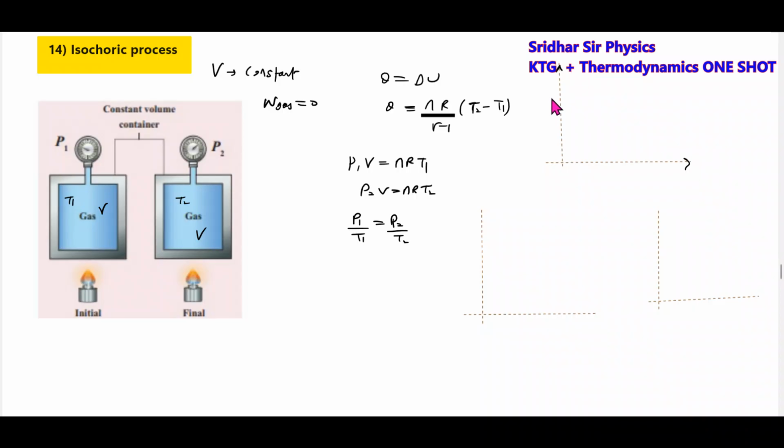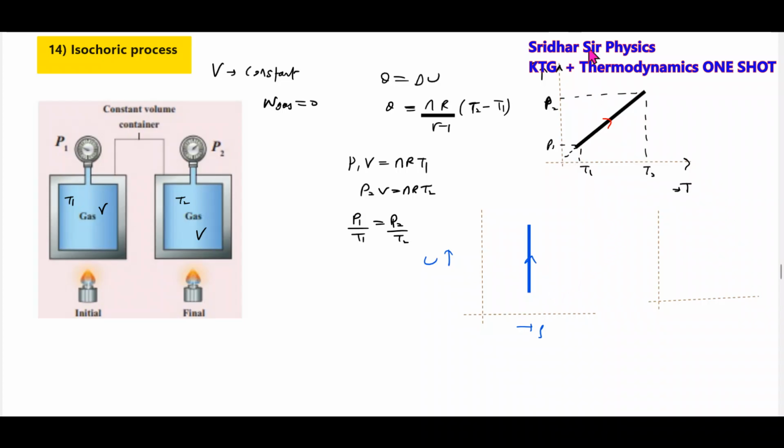First we will plot the PT graph, a straight line passing through origin. Then the next graph, intensity versus density. This will be a straight line, vertical. Why vertical? Volume is constant, so density will be constant.